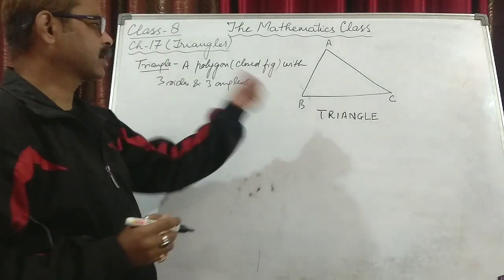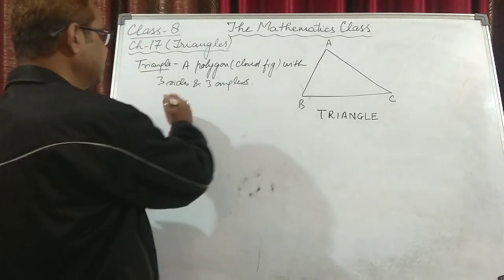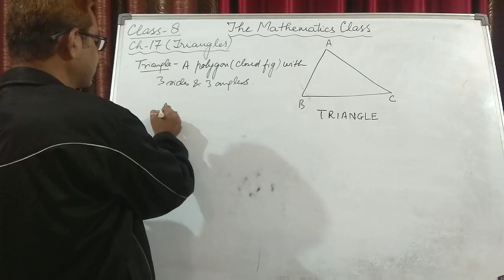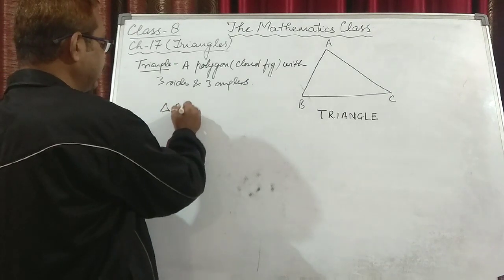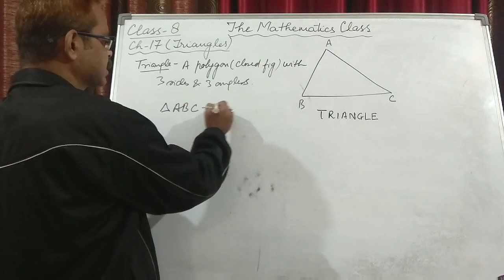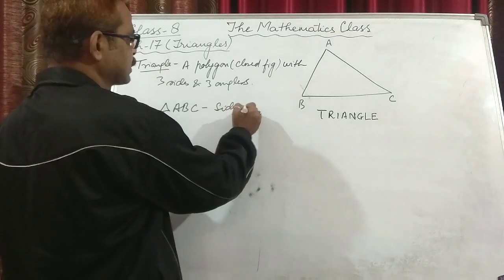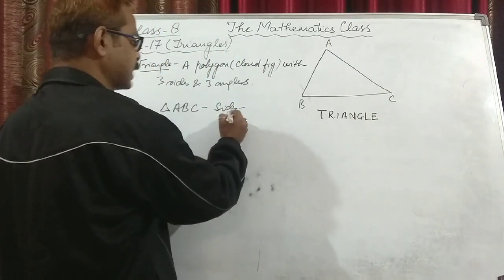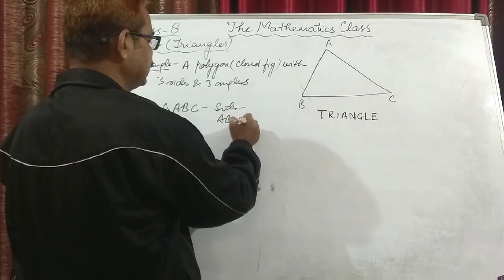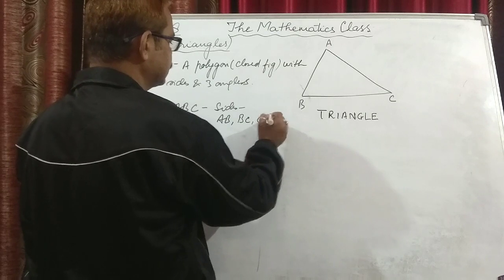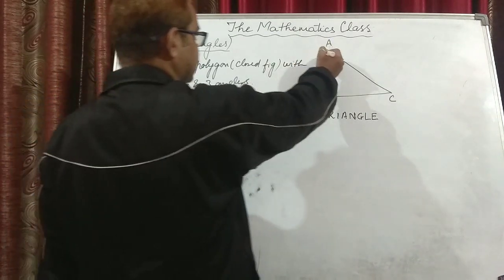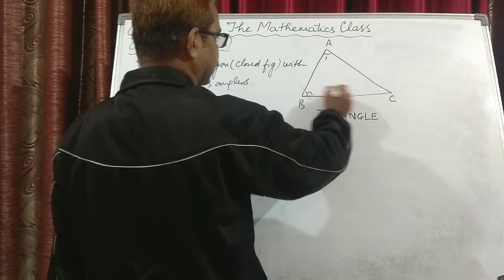So you can see, suppose this is a triangle ABC. I will draw a small triangle and write ABC. Now its sides are AB, BC and CA in cyclic order. And angles, first angle I'll take this, first, second, third.